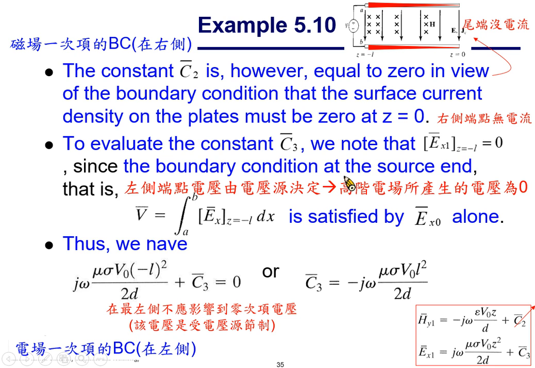So you need to understand why we look at the left-hand side to apply the boundary condition for the electrical field, and we look at the right-hand side to apply the boundary condition for the magnetic field.